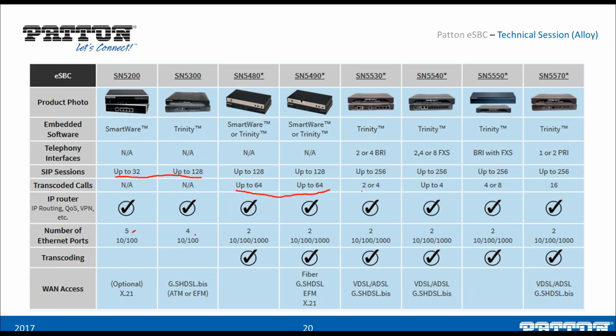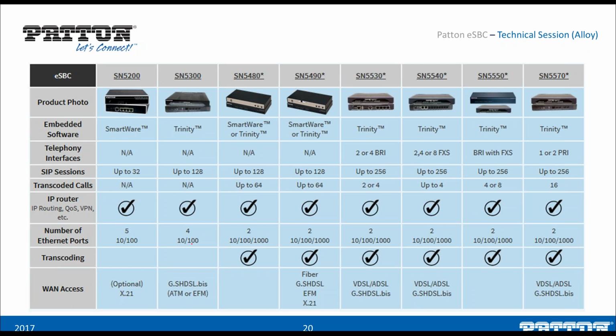If we move further, these devices here also offer you PSTN interfaces on the device, along with transcoding as well as SIP to SIP sessions. Some of these devices come with an additional WAN access interface, in addition to the USB interface. So it can come with VDSL, ADSL, G.703, HDSL, or X.21 interfaces on the device.